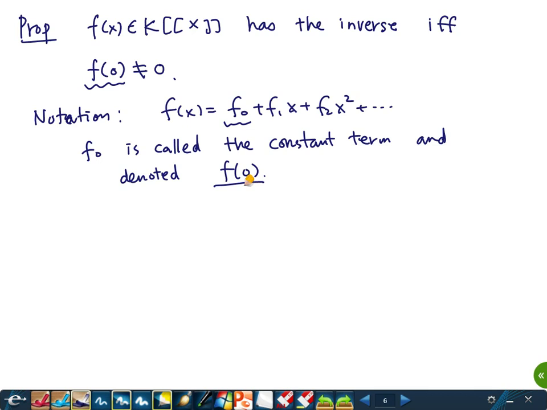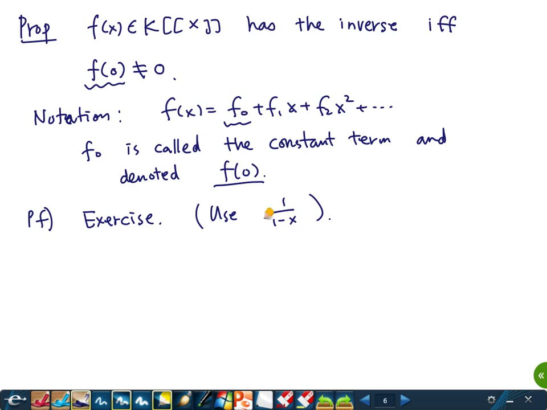So this means the constant term is non-zero. As long as the constant term is non-zero, it has an inverse. Proof: exercise. But use this. It is related to this.